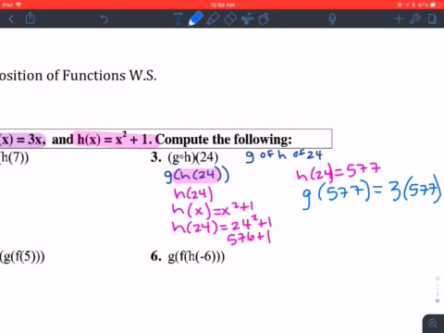I mean, we can do it by hand, but let's save ourselves some time. We get 1,731. So that means g of h of 24 equals 1,731.